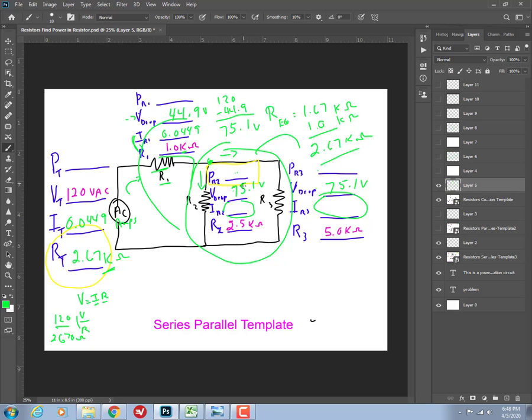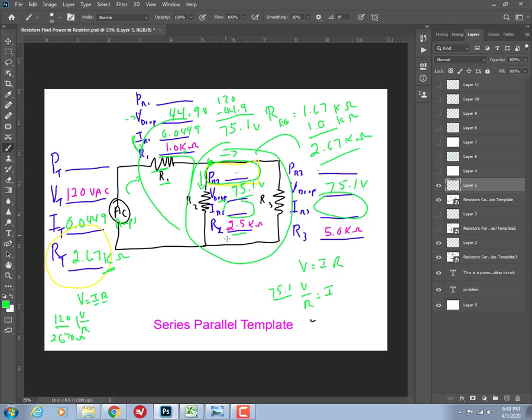Now, we're still trying to figure out what we actually want to know. The problem is we're trying to find out what the power is here on R2. So now we have two units. We have the voltage and we have the resistance. That means we can find out what the current is, because V equals IR and V over R equals I. So we're going to take 75.1, because that's what our voltage drop is.